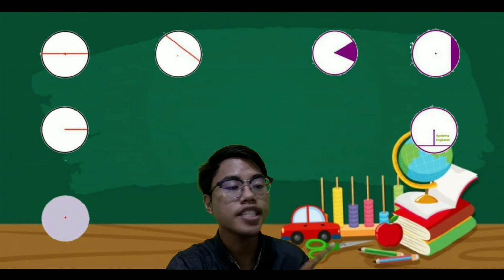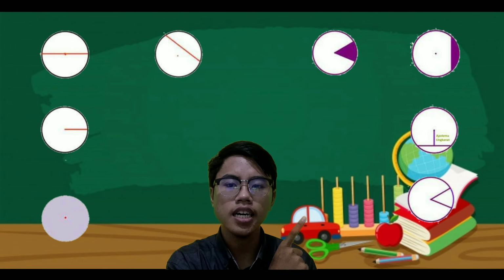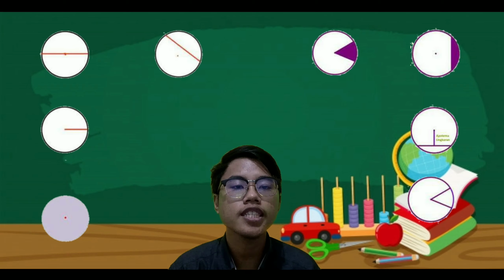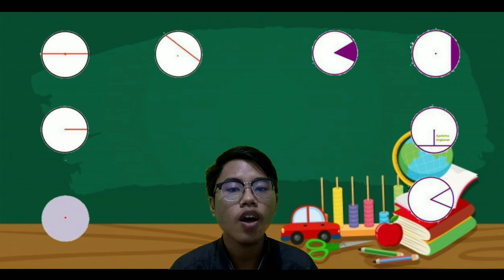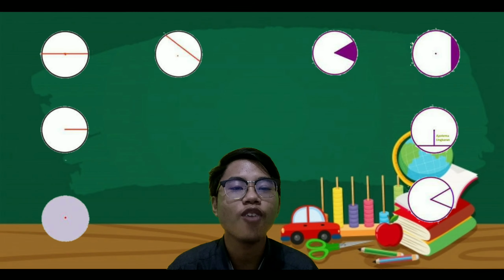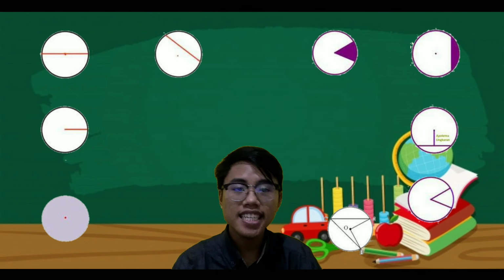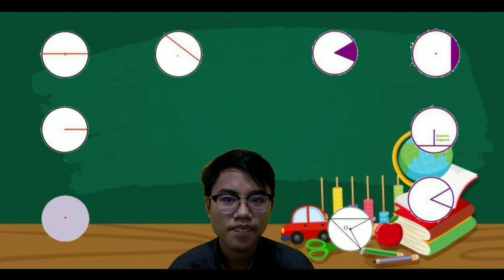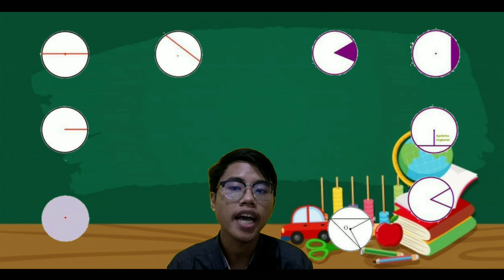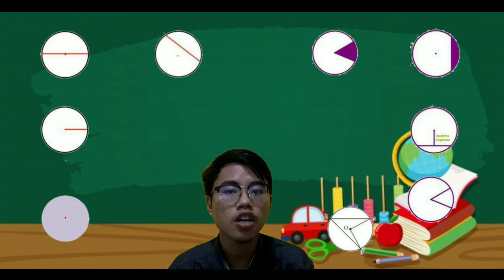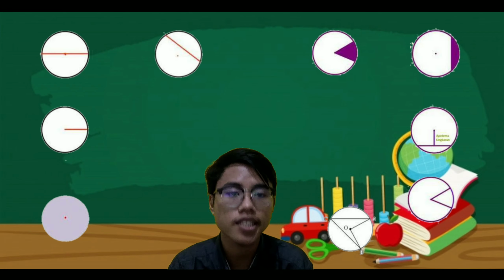And the next is arc. An arc is a curved line that is part of the circumference of a circle. And this is a center angle of the circle. The angle is bounded by two radii of the circle whose vertex is the center of the circle.